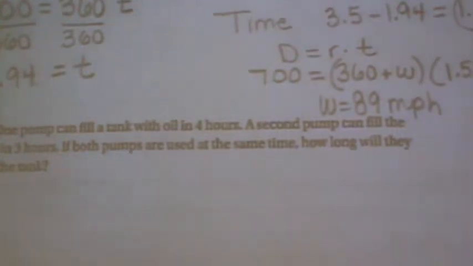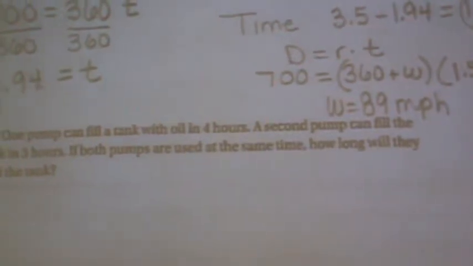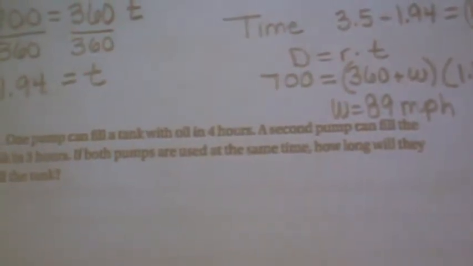Number 37. One pump can fill a tank with oil in 4 hours, and a second pump can fill it in 3 hours. If both pumps are used at the same time, how long will it take to fill the tank?